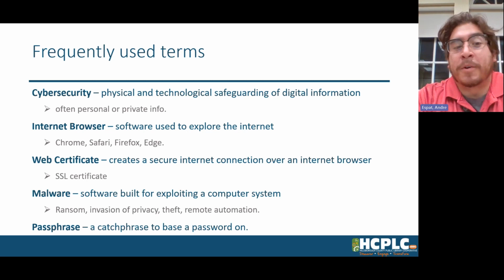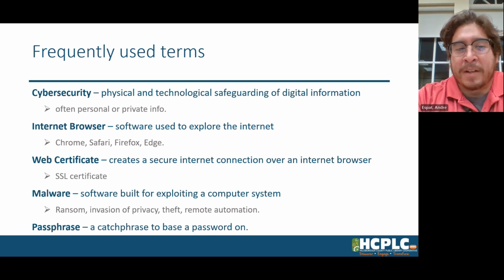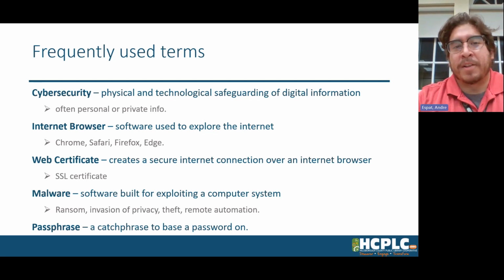All right, so one of those tools is the next thing, a web certificate. Some of you might have seen some warnings about this. Whenever you go to a website, you get a flag that says, hey, this website isn't secure. It's particularly because it probably isn't giving you a good and valid web certificate. So what a web certificate does is validates a secure connection between your computer and the computer or server that's hosting the website.